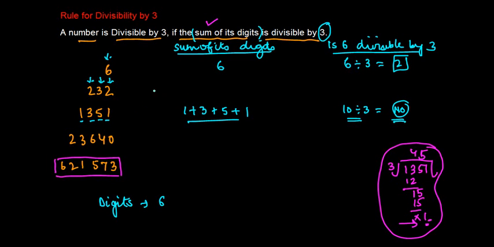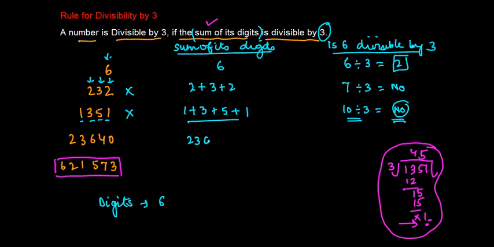Should we try it for the rest of them? So 232, I'll take the sum of the digits, 2 plus 3 plus 2. 2 plus 2, 4, plus 3 gives you 7. Is 7 divisible by 3? The answer is no. Hence we say that 232 is not divisible by 3. Similarly, 1351 is not divisible by 3.